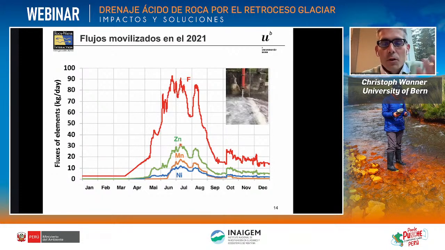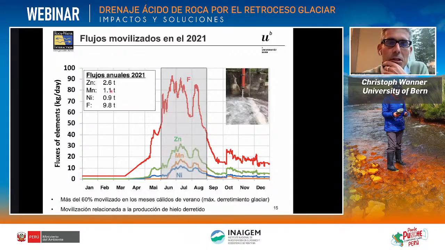And then if you integrate that, you see that the annual fluxes for this year were really substantial. So for nickel, we got an annual flux of almost 1 ton per year. Every time we have a rainfall event, the discharge as well as the fluxes go up, and this is because of ice melt from the permafrost system.